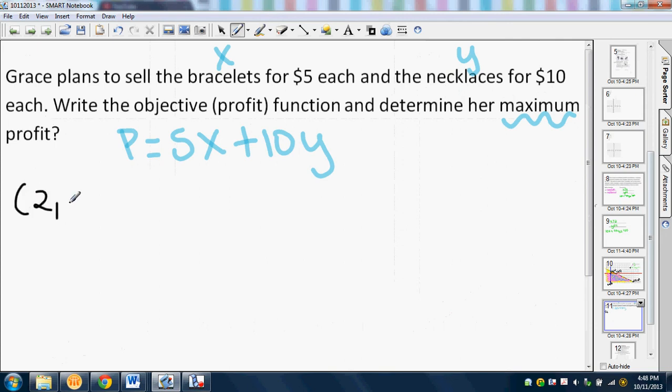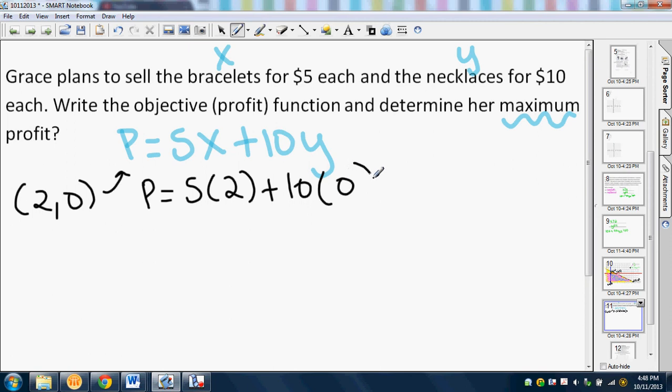If she makes 2 bracelets and 0 necklaces, and I plug that into this equation, profit is equal to $5 times the 2 bracelets plus $10 times 0 necklaces. Well, 5 times 2 is 10, plus 0 is $10.